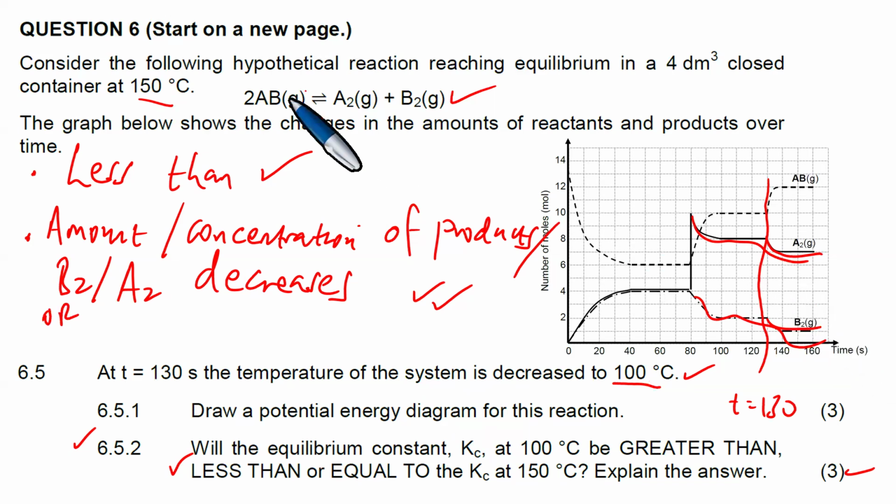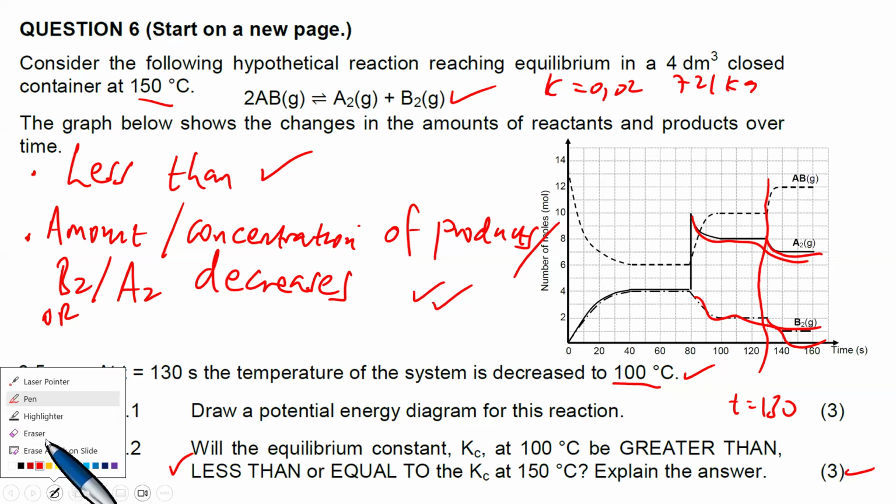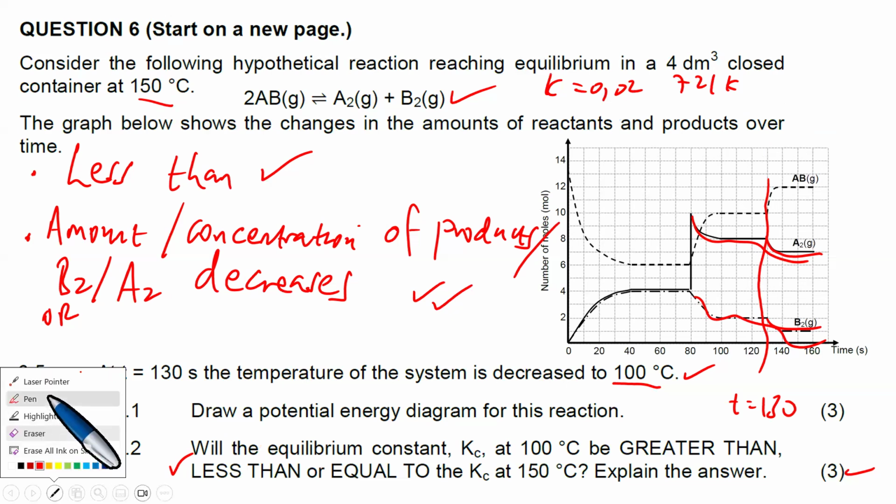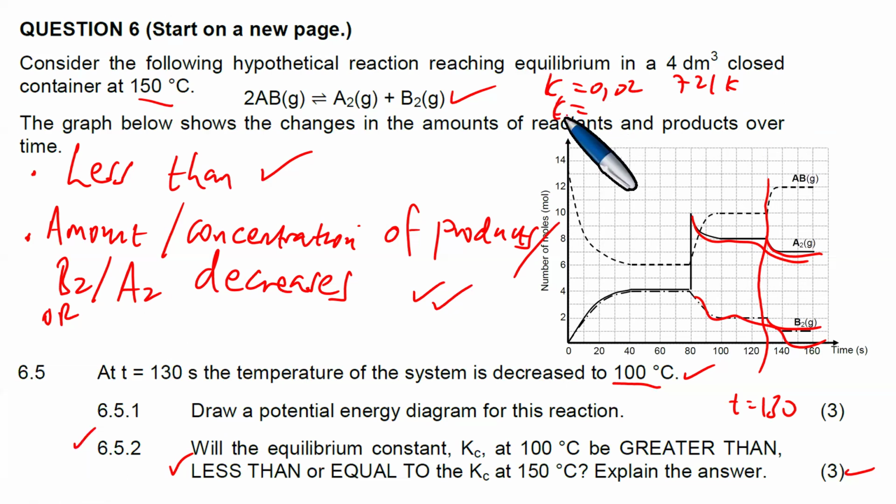Okay, so it means, therefore, you really can see that, contrary to the initial example we did, where the Kc was 0.02 at 721 Kelvin temperature, just want to put this analogy here. And then the Kc became 0.09 at 850 Kelvin temperature.